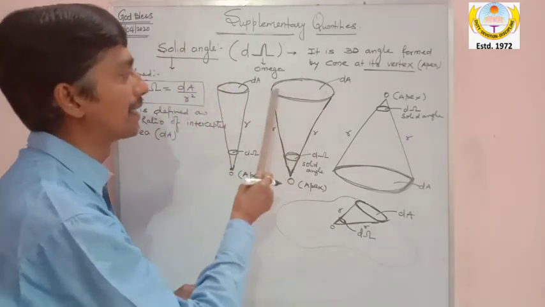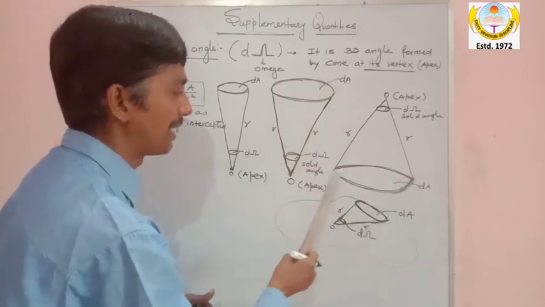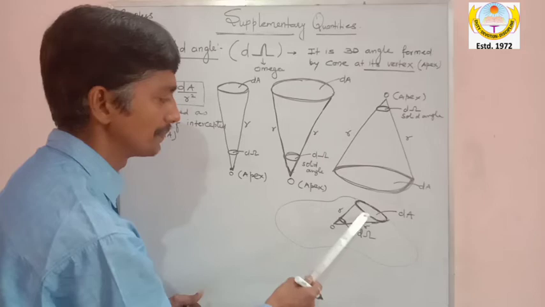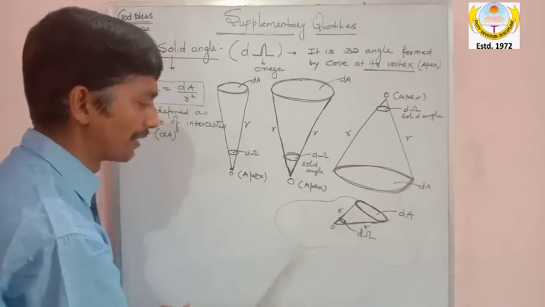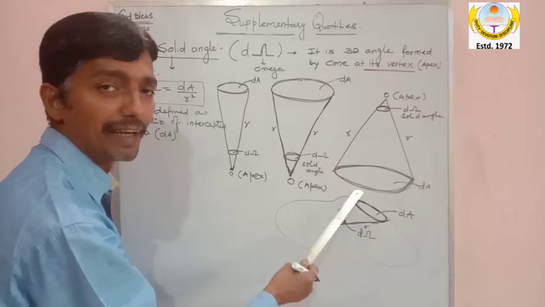Of a spherical surface. You can see this all is a spherical surface, my dear. It is a long surface, but I have taken only this much area of this spherical surface.